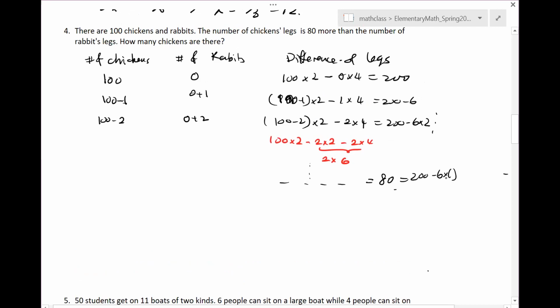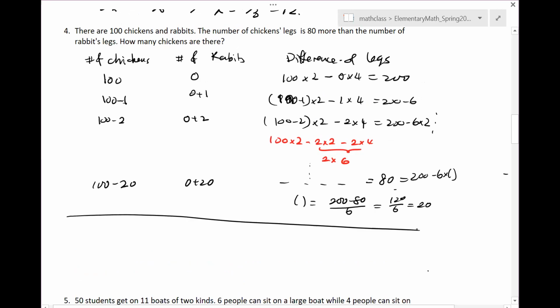So that number will be 200 minus 80 divided by 6. So that'll be 120 divided by 6, and that'll be 20. So that means 100 minus 20, 0 plus 20, okay? And that will be the result.